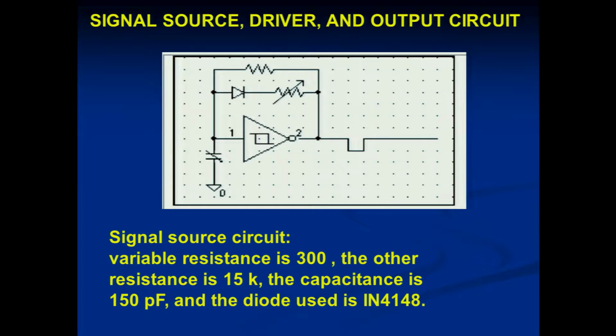And then here is the first one, the signal source, driver and output circuit. He uses 300 ohm variable resistors, 15 kilo ohms, 1N4148 diodes, and the capacitor is 150 picofarad.